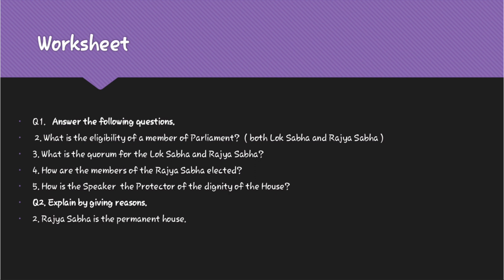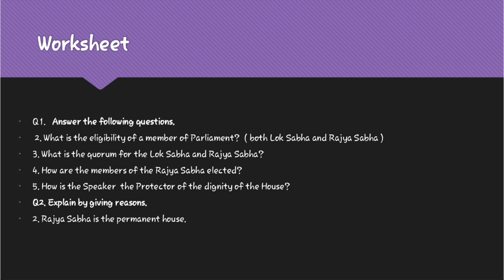Starting from: the main function of the Speaker is to see that the proceedings of the Lok Sabha get organized in a prescribed form. You are supposed to write the full paragraph. That is answer number 5. The remaining questions we will discuss in the next lecture after discussing that topic.